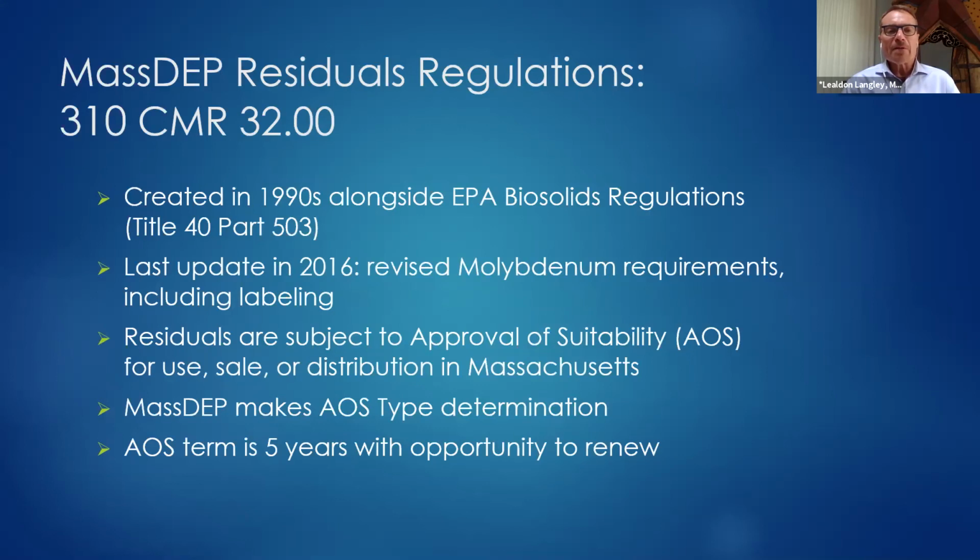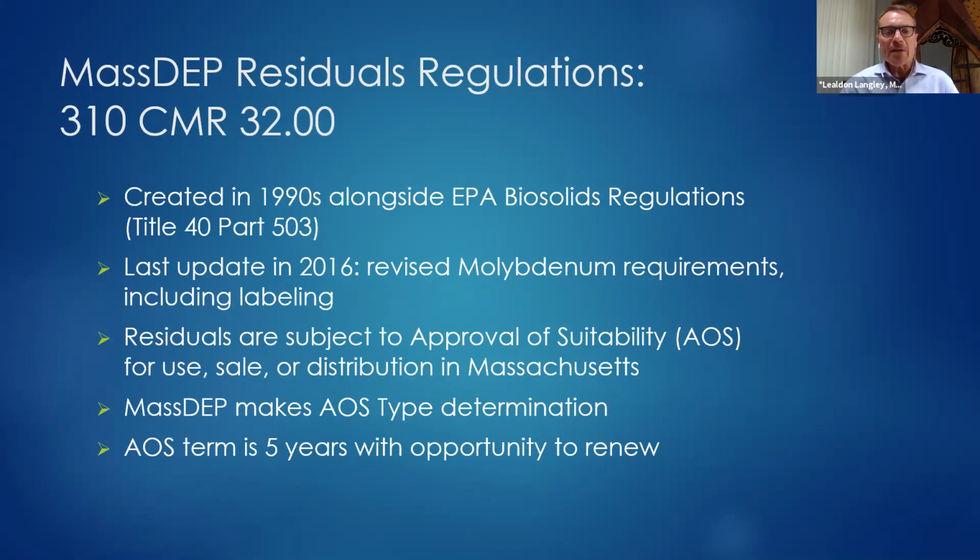Okay, the MassDEP residuals regulations are located at 310 CMR 32. If you find that you need further information about how that program works, you may want to consult that set of regulations or talk to any of us in the program who can help to answer questions and help explain those to you. This set of regs was created in the 1990s, about the same time that EPA biosolids regs were being developed.